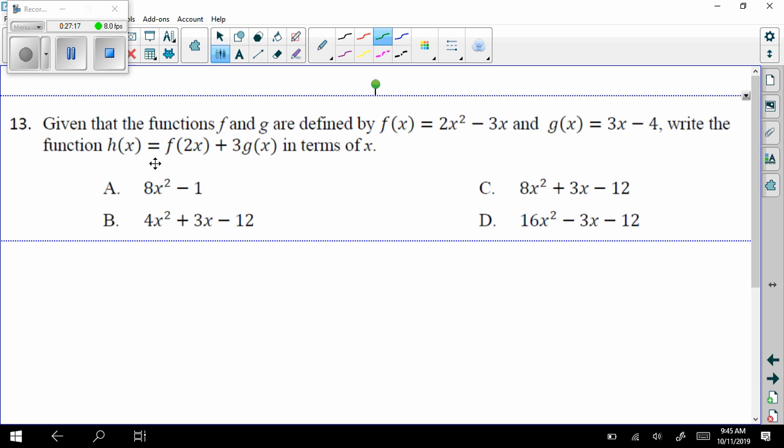All right, so we're doing a combination of functions here. Right here for f, it says that you're plugging in 2x. Wherever there was an x, you replace it with 2x. So that's 2 times 2x squared minus 3, and that x gets replaced with 2x.